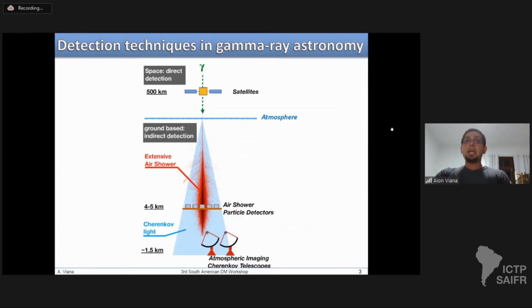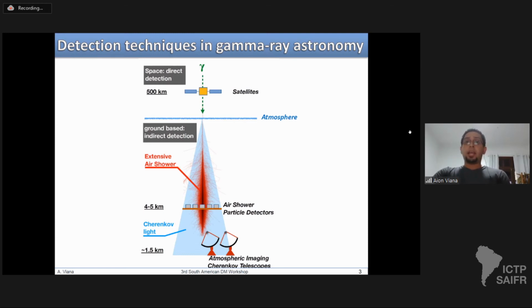So the main principle behind is the following: if you have a gamma ray that reaches the Earth, this gamma ray will interact with the atmosphere and it will generate this shower of particles and Cherenkov light that will reach the ground.